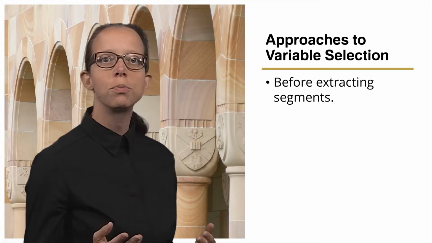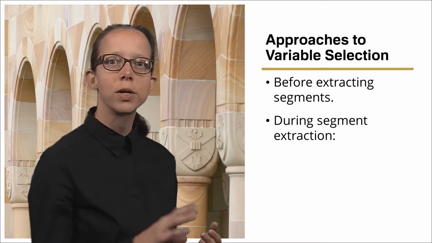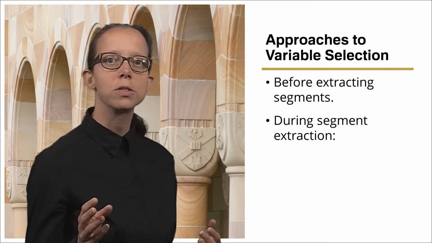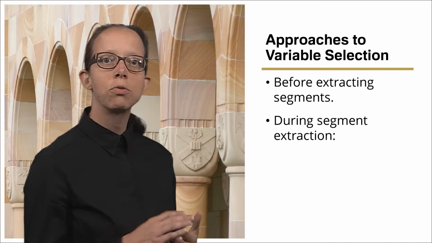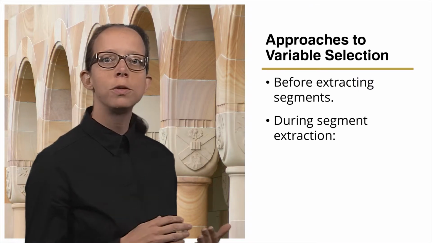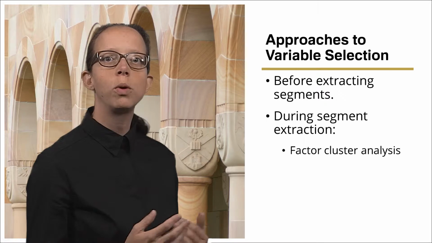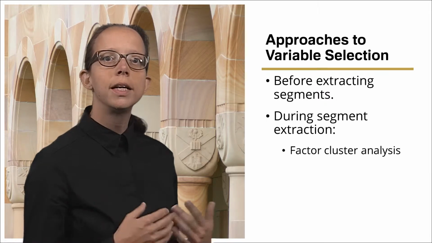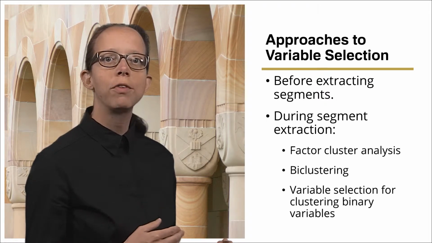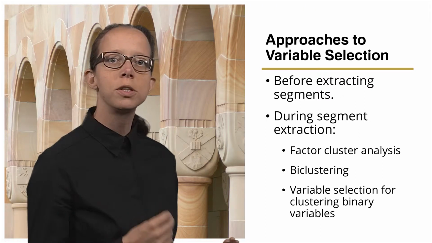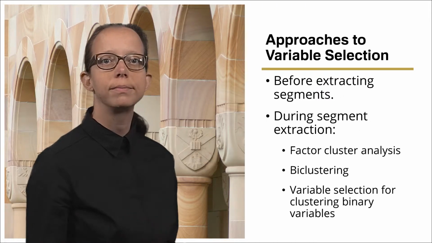Alternatively, we can use approaches which simultaneously extract segments and select variables. We will discuss 3 of those approaches, one of which, factor cluster analysis, we will advise against. The other 2 have been developed for binary variables because it's trickier to pre-select variables when they are binary.